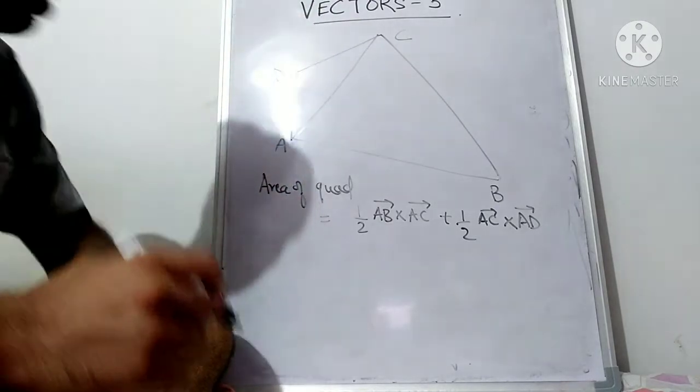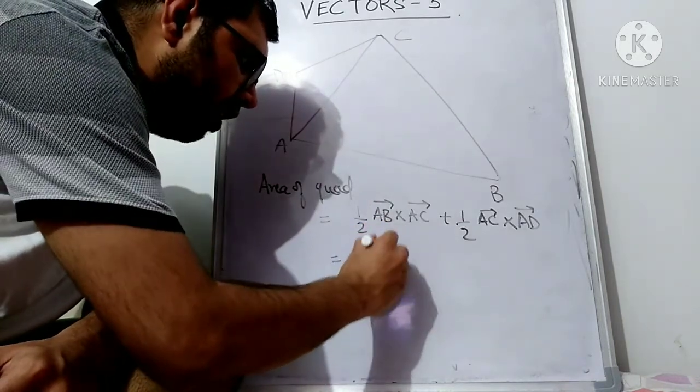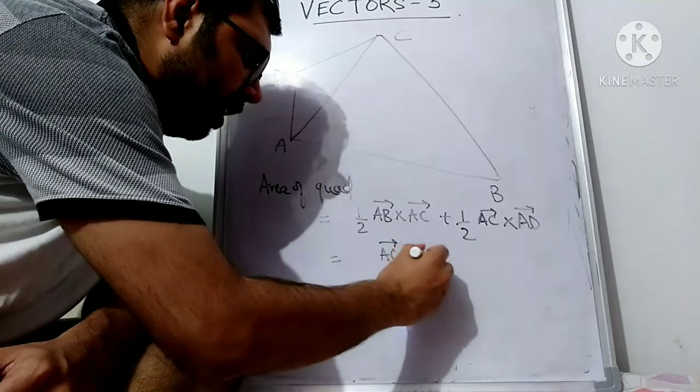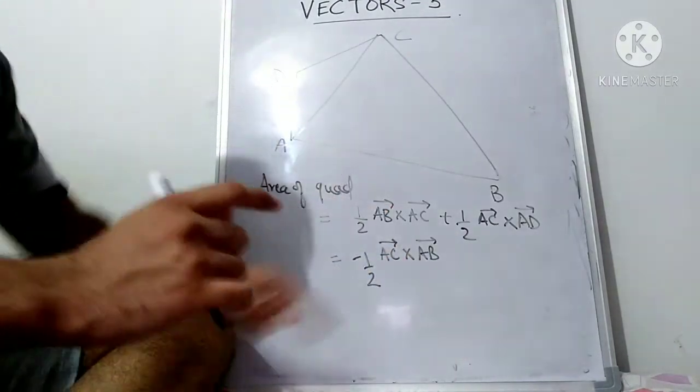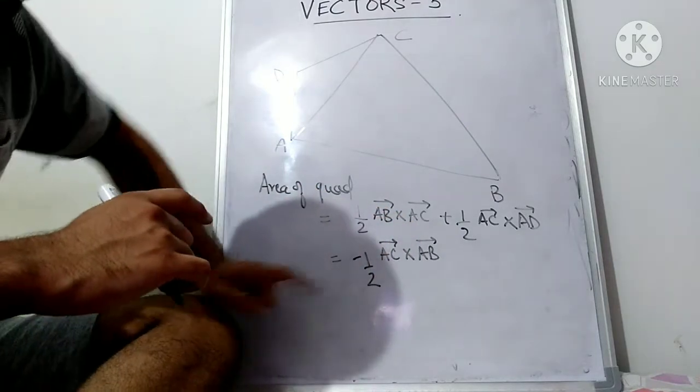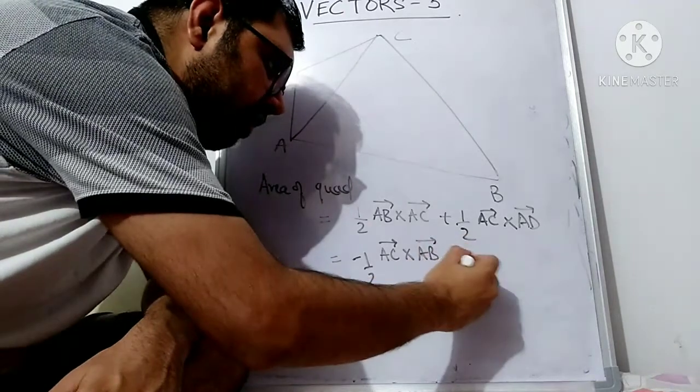Now in this expression, if I want to reverse the order, if I want to write AC vector first and AB vector after that, I will put a minus sign, because we know that when we change the order while taking the cross product, we have to adjust it with a minus sign. So minus half AC cross AB plus half AC cross AD.